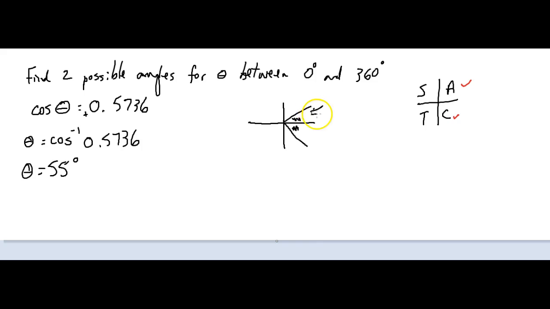Alright, so this in here is 55 degrees. That means that this space on the other side is also 55 degrees. What is the positive angle that rotates from here all the way around and stops 55 degrees from 360? Theta in quadrant 4 is equal to 360 minus 55 degrees, which is 305 degrees.